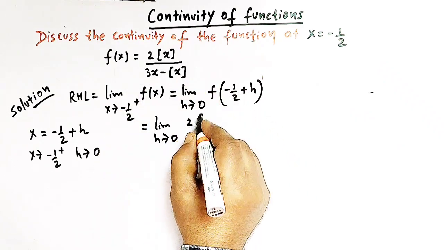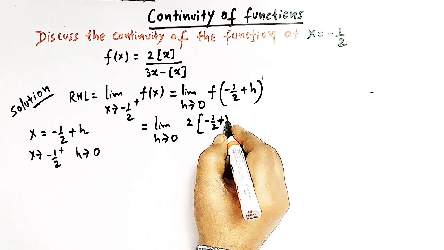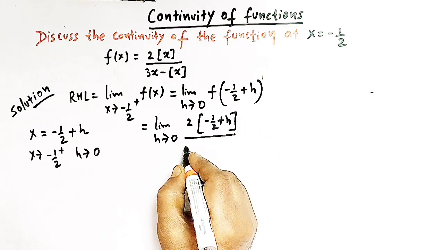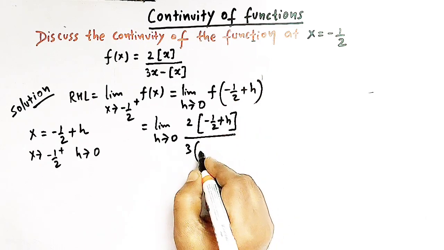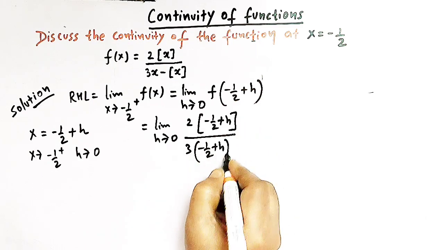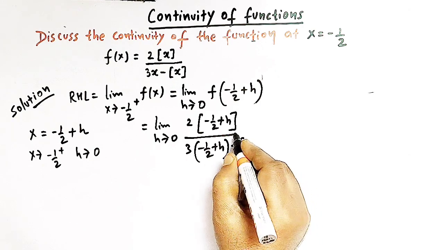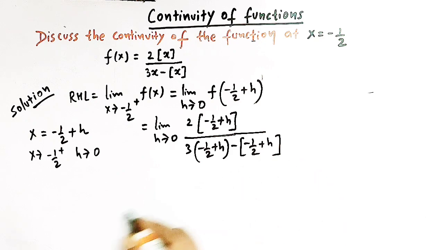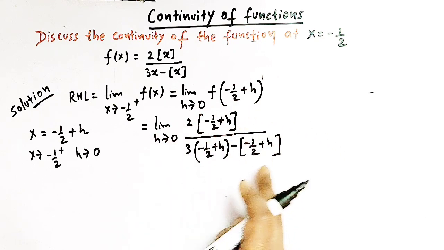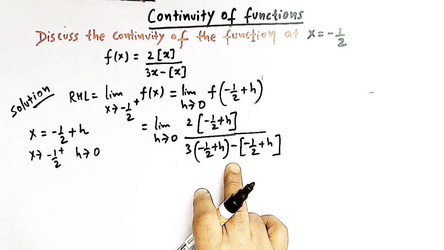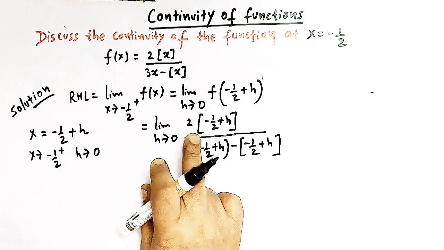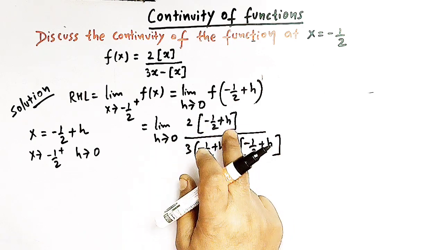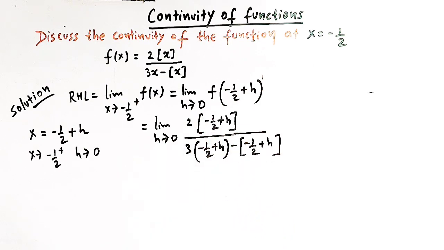So we have 2 times minus half plus h, and then we have 3 times minus half plus h, and here we have greatest integer of minus half plus h. So now we have to compute this limit, and here we have the greatest integer of minus half plus h.